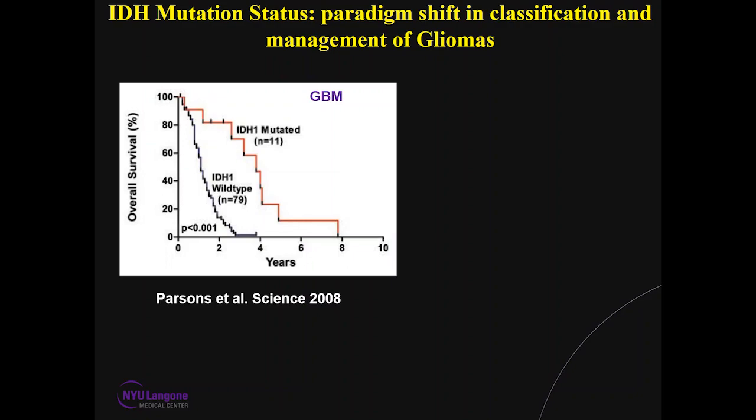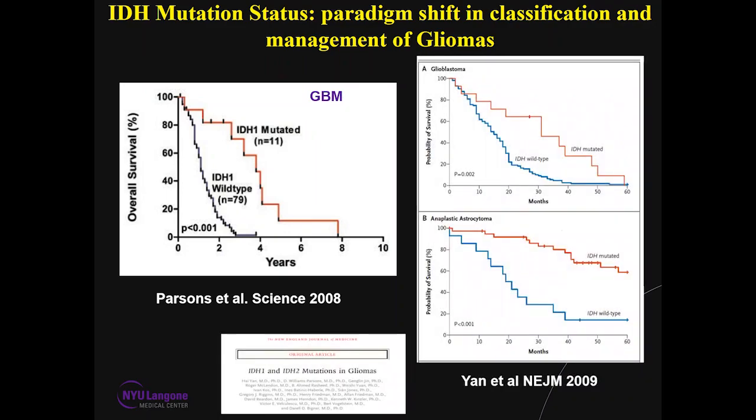One of the earliest papers in Science showed that if you have IDH mutated glioblastoma, there's a much better survival compared to IDH wild type glioblastoma. So even though the histological diagnosis is the same, glioblastoma, if you have IDH mutation, these patients do much better than IDH wild type patients.